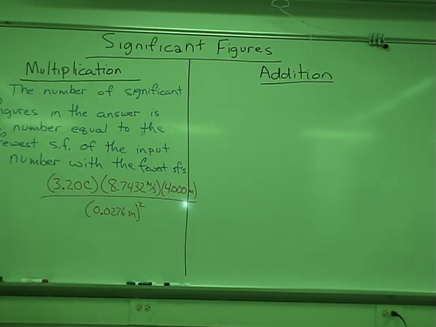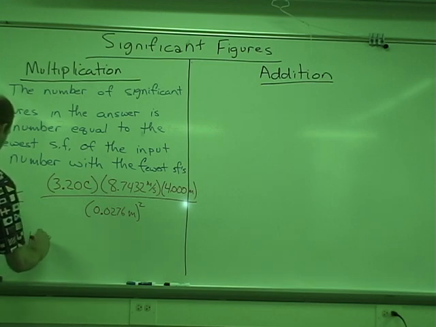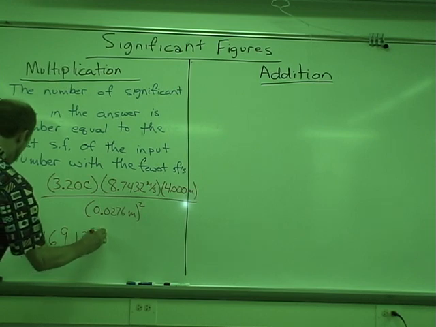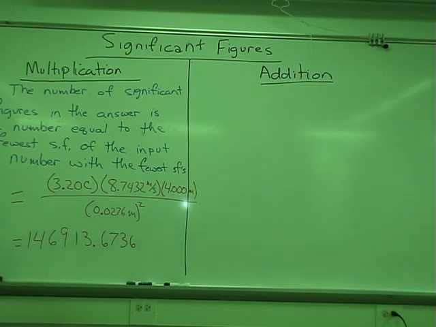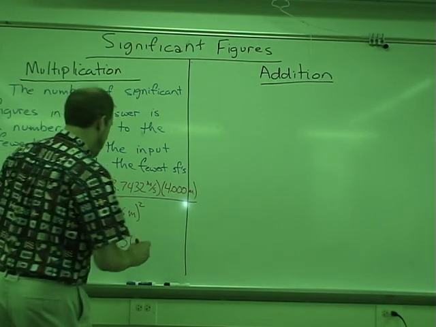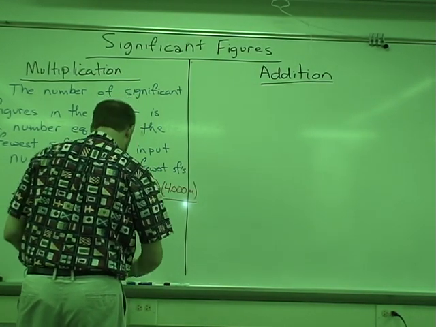Now, if I were to just toss my numbers into a calculator, remembering that calculators lie, then my calculator would give me a number of 146,913.6736 coulombs per second.